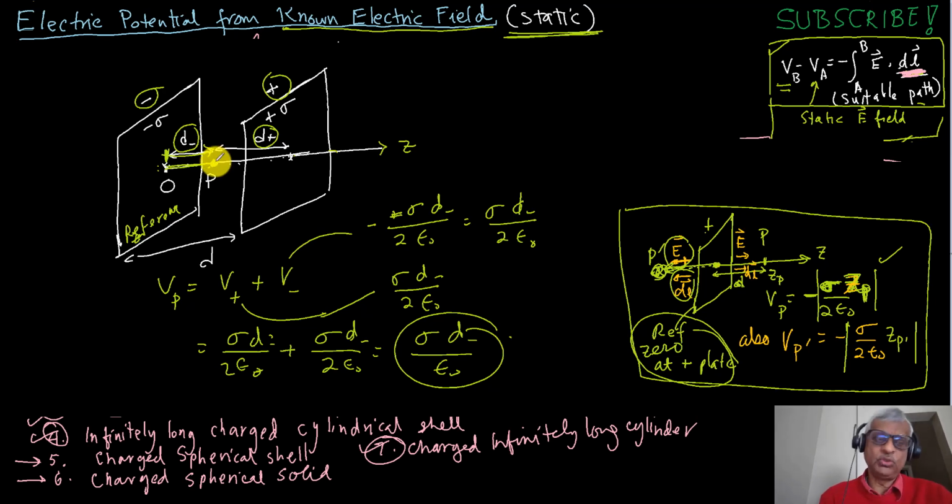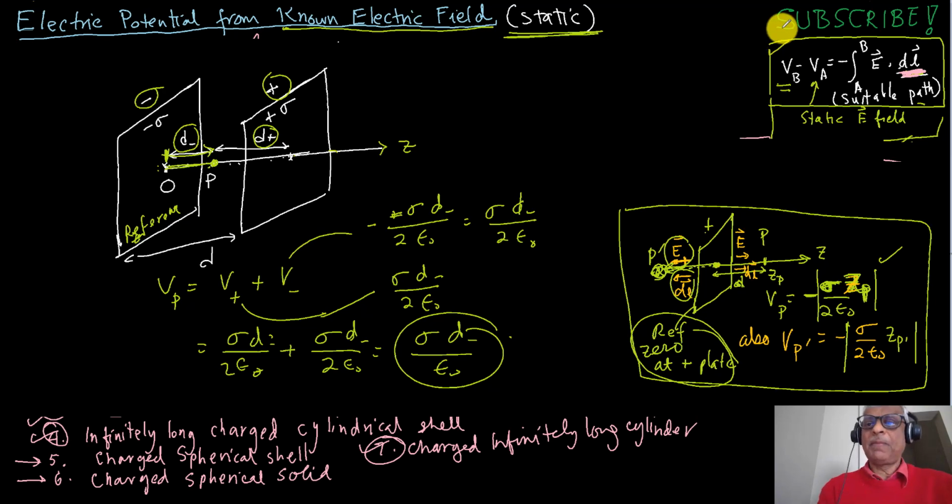Actually, you could do this not as an application of this formula, but by directly integrating it. Let's do that out. That's a much easier calculation, and you don't have to do a superposition.